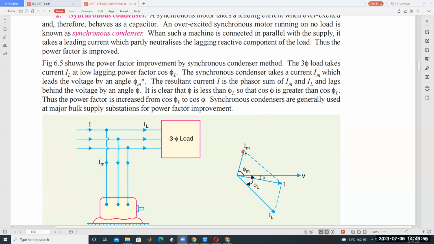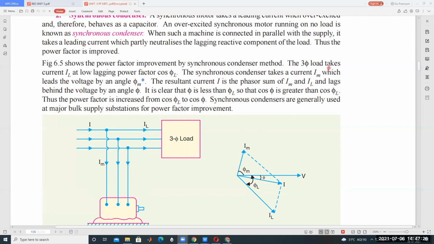The resultant of the two currents is I. The condenser provides the leading current, the load is inductive, and the resultant of these two is this current. The angle is decreasing, which means cos φ is increasing, and the system does not draw as much current from the supply.